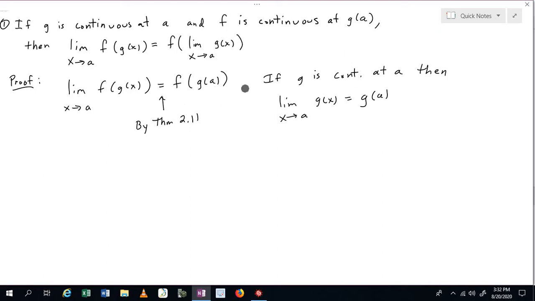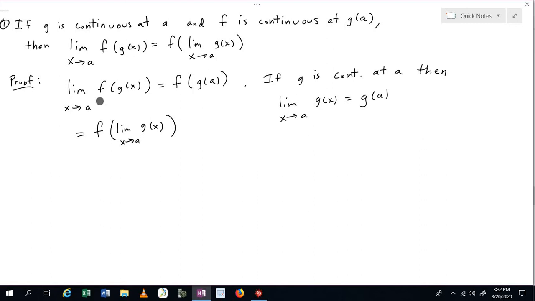And so I can go back up to here and replace that. We know what this is equal to. f of g of a is the same as f evaluated at this limit of g of x as x approaches a, because it is g of a. They're equal, so long as g is continuous at a. And so that proves it.